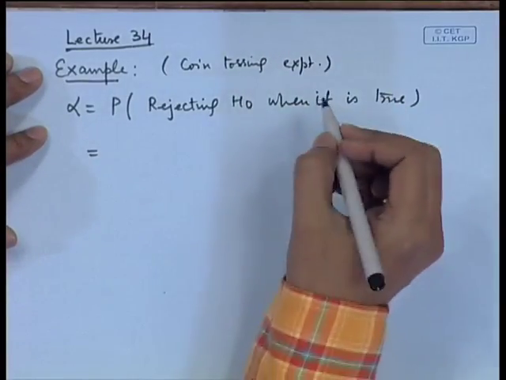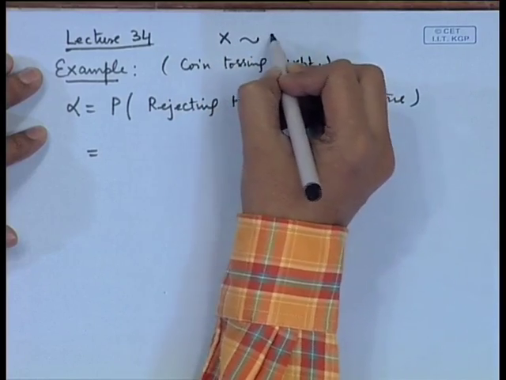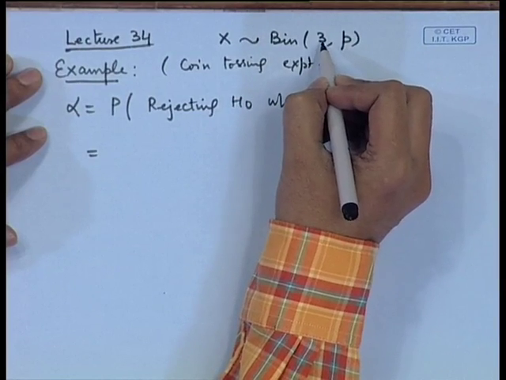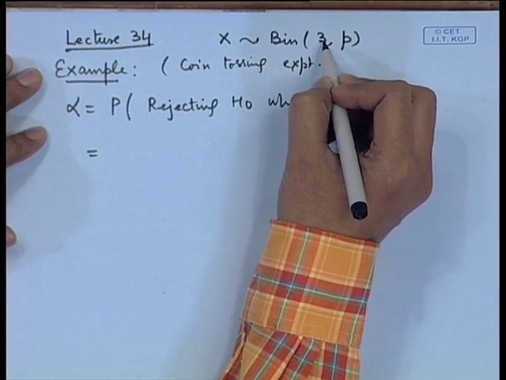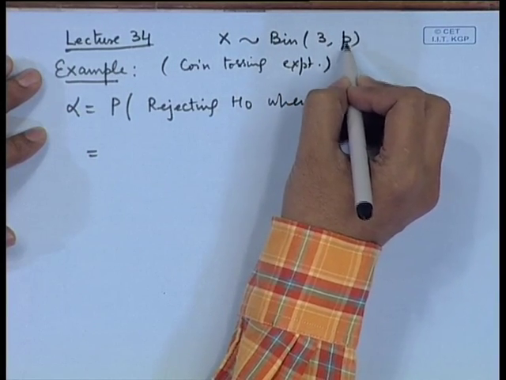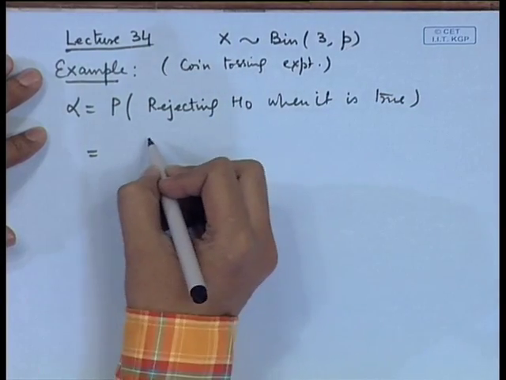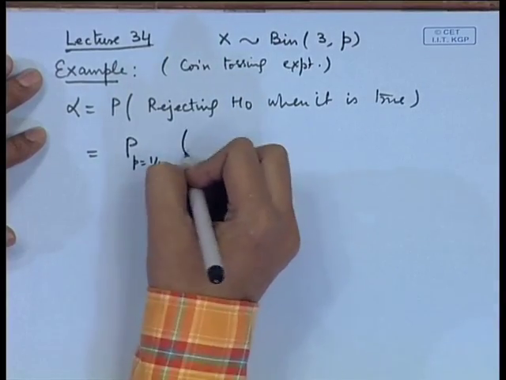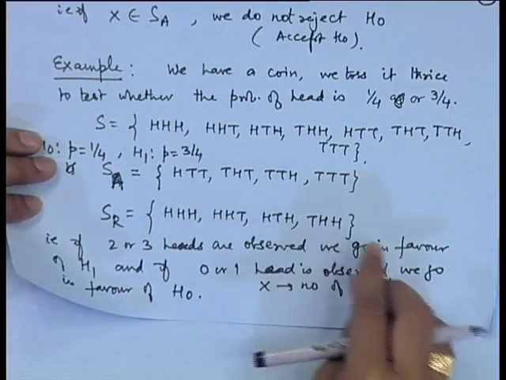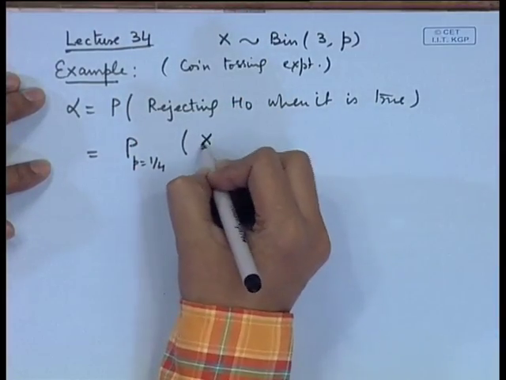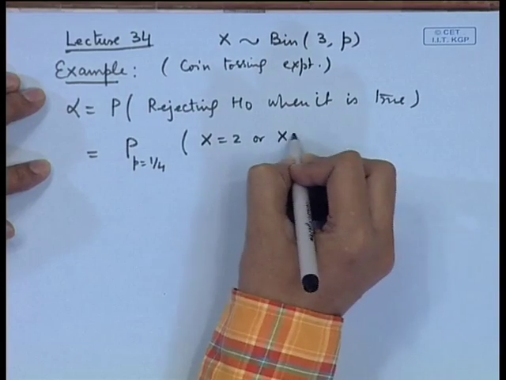So, here x follows binomial 3, p, because in the 3 tosses of the coin you may have at the most 3 heads. So, 0, 1, 2, 3. So, it is a binomial distribution, the head occurs with a probability p. So, when H naught is true, means p is equal to 1 by 4, under this we are rejecting when x is either 2 or x is equal to 3. So, this is basically reducing to the probability of x equal to 2 or x equal to 3.